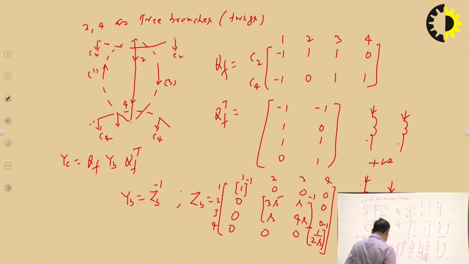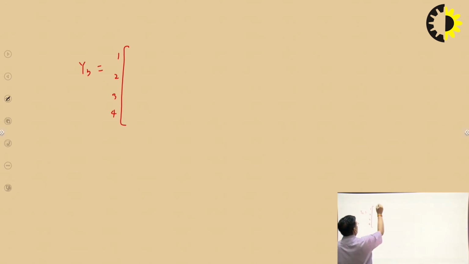So, YB I am writing directly, I can write here. So, YB is coming like this, 1 2 3 4, 1 2 3 4.